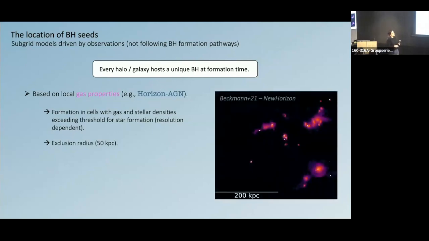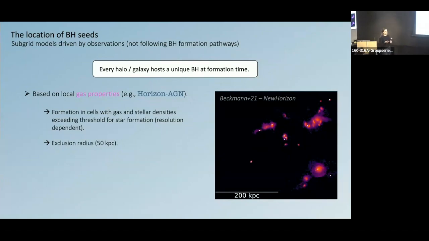So this is a visualization from Ricardo Beckmann from the New Horizon. You can see the galaxies and the black holes. What's interesting with this exclusion radius is that, in principle, if your gas cell is eligible to form a black hole over there, but you're close to another black hole, you would actually not form a black hole there.